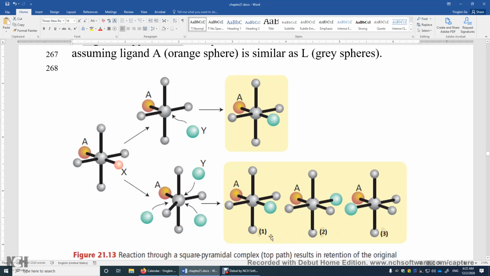So if you look at the three different products, this one is trans. This is a cis. This is also a cis. Again, this green Y attacks the metal between this orange and this gray. This green Y attacks the metal between this A and the other gray. All right, so that's why you have two cis.